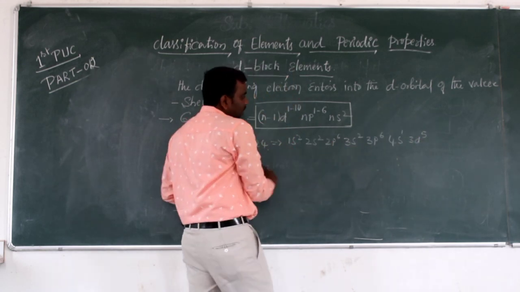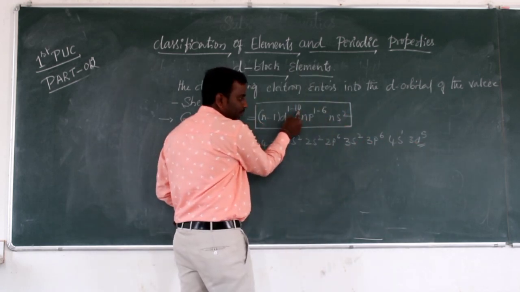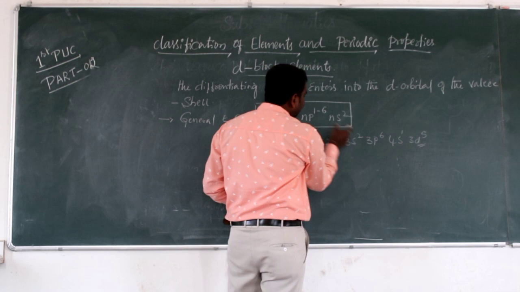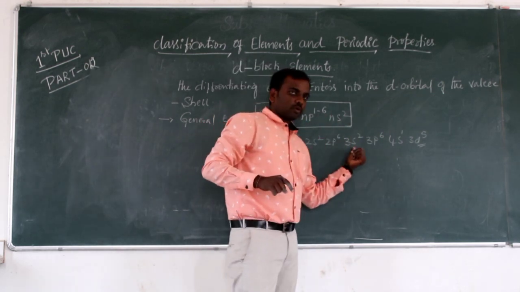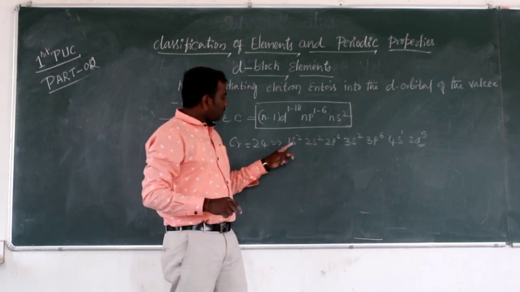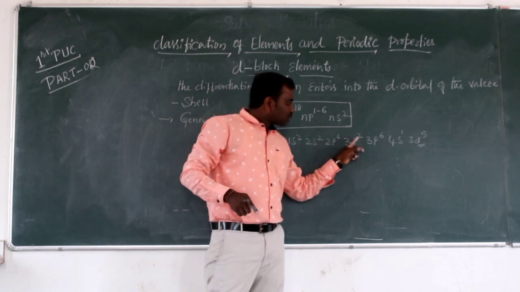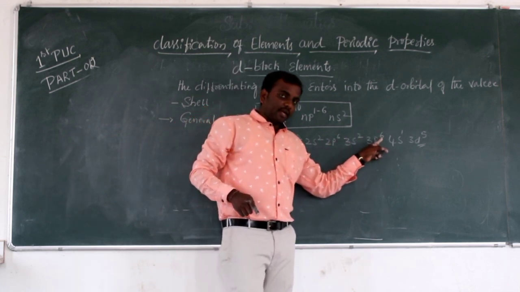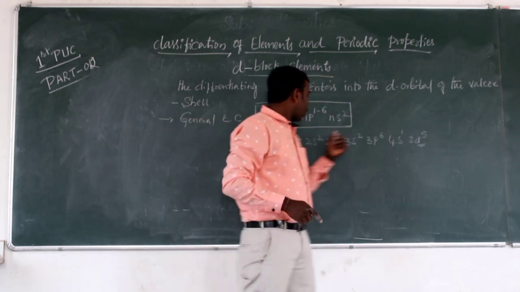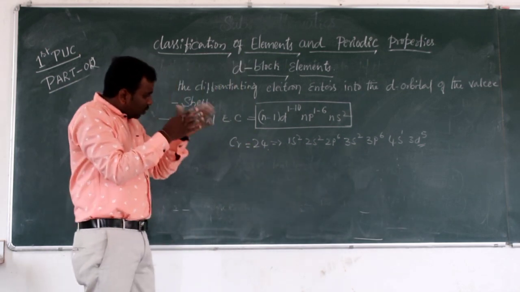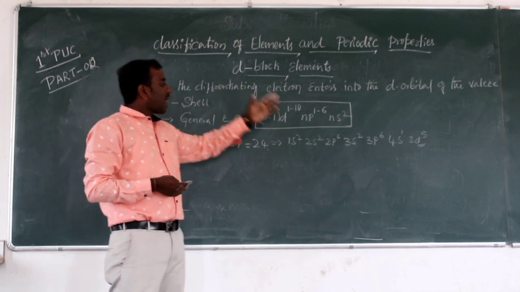This means the maximum electrons in the d orbital is between 1 to 10, in the p orbital the maximum is 6, and in the s orbital the maximum is 2. Check once again: 2 plus 2 is 4, 4 plus 6 is 10, 10 plus 2 is 12, 12 plus 6 is 18, 18 plus 1 is 19, 19 plus 5 is 24. This is one example of the electronic configuration of d block elements.